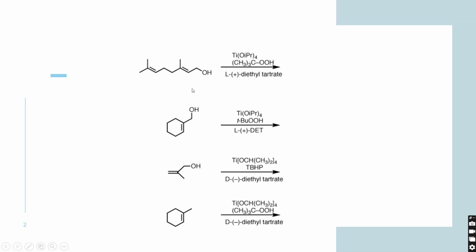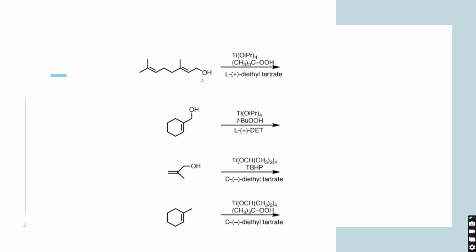We have this substrate. In the first substrate, we have two olefins, two double bonds are present, but the Sharpless epoxidation will be observed only for that alkene which contains an allylic alcohol substituent. So this first double bond is not going to react under this condition, and only the allylic alcohol containing double bond is going to give us the epoxide.